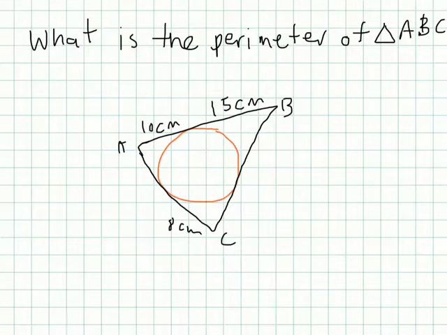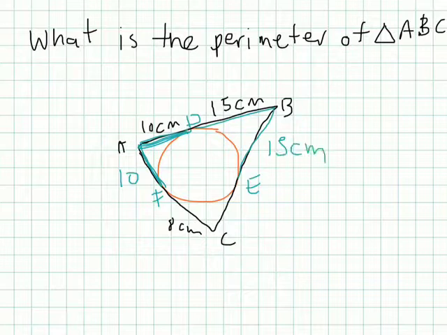Knowing that, what can we say? Well, that means that, I didn't label all the points here. I think this is D, E, F. If AD is 10, and it's a tangent, guess what? Then also AF is going to be the same length of 10. If DB is 15, so is EB going to be 15 centimeters. If FE is 8, then CE is also going to be 8 centimeters.